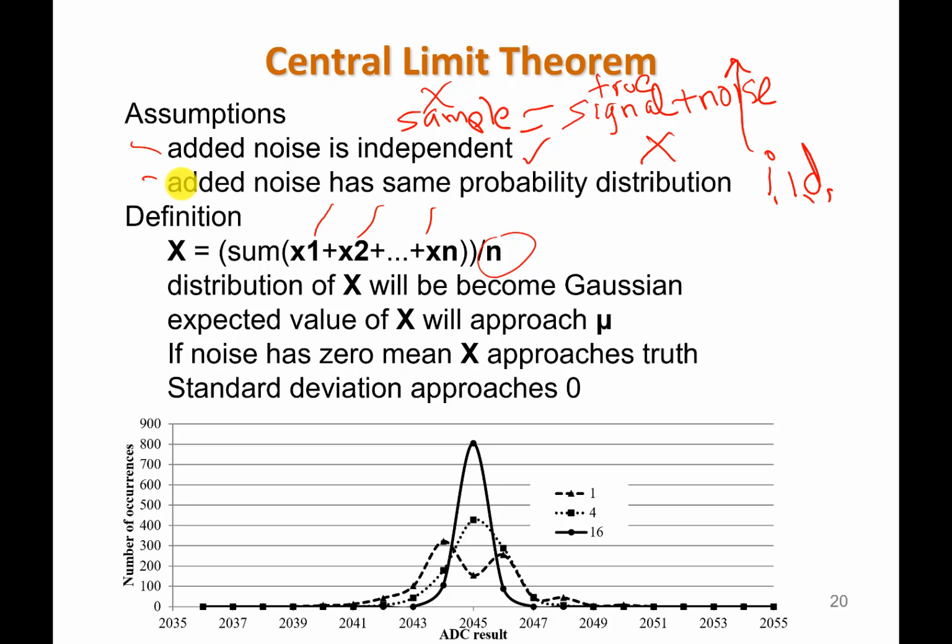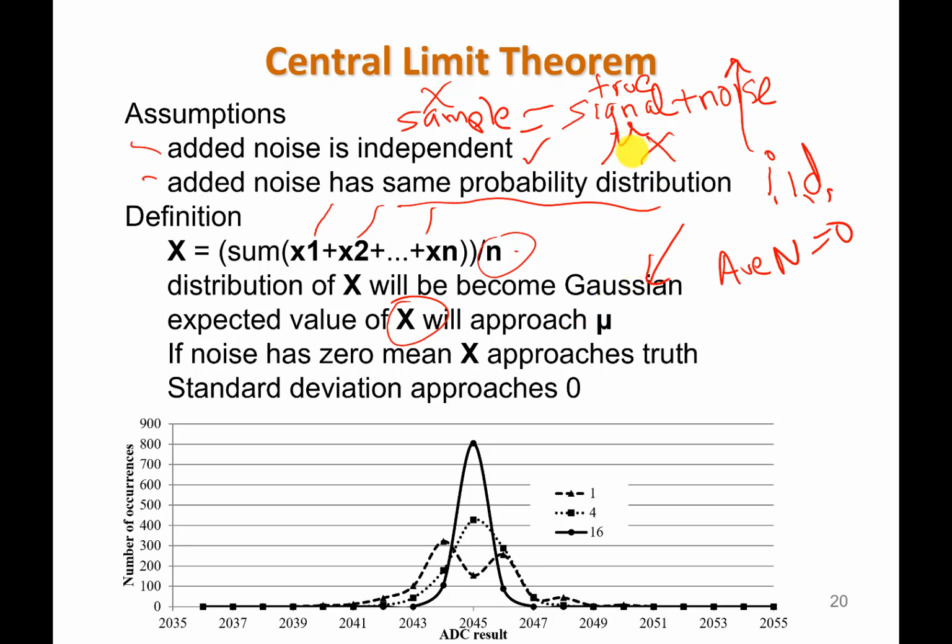Once you make those assumptions, we can deploy the central limit theorem, and it turns out that the average, or the sum, either way, the average of samples will lose whatever probability density function it had and become Gaussian. And the cool part is if the average noise is 0, as n gets large, it'll approach the true signal mu.